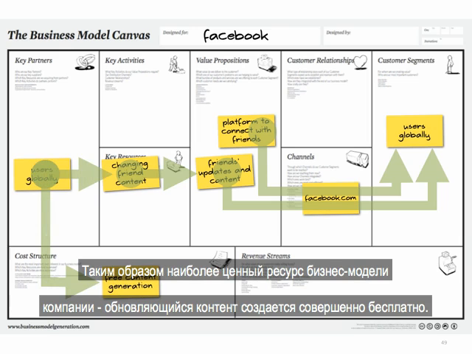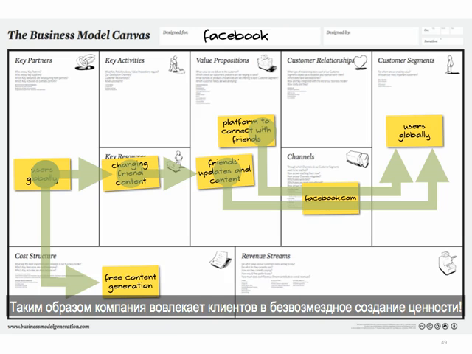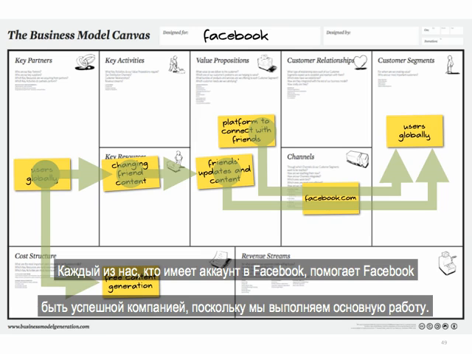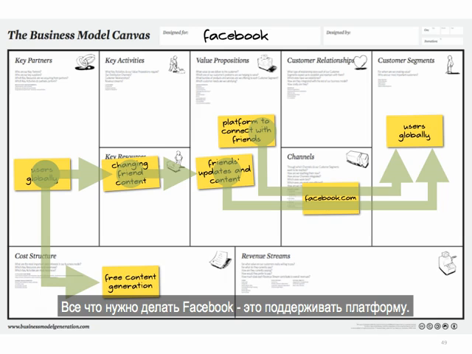So one of the most valuable things in Facebook's business model, the changing content, is generated for free. So they get others to do the work. All of us who are on Facebook help Facebook become a very, very, very successful company because we are doing most of the work. They are only, if we may say, creating the platform. That's a very powerful business model mechanism.